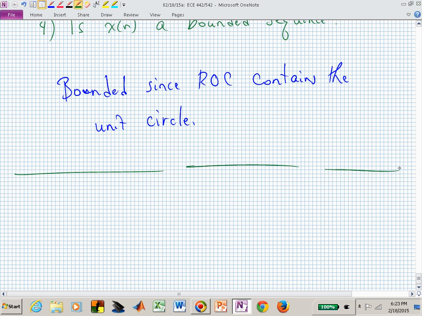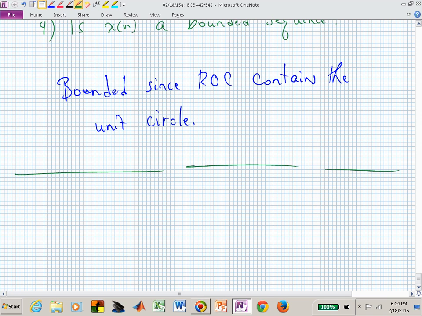We can answer those questions without even explicitly finding little x of n, can't we? We know a lot about that signal just by looking at capital X of z, the poles and the region of convergence. That tells us a lot.